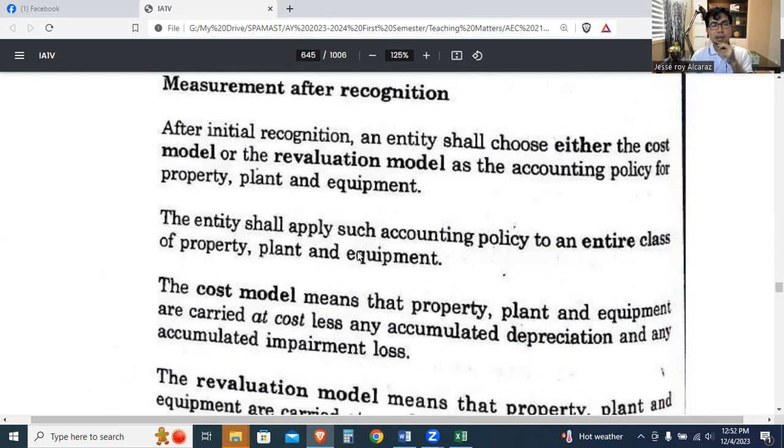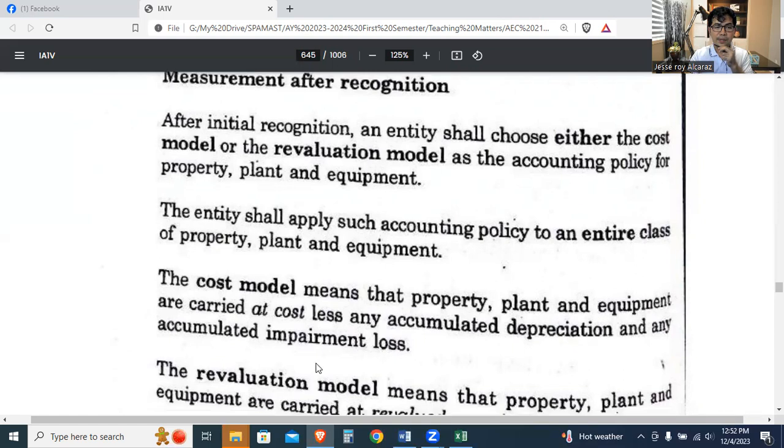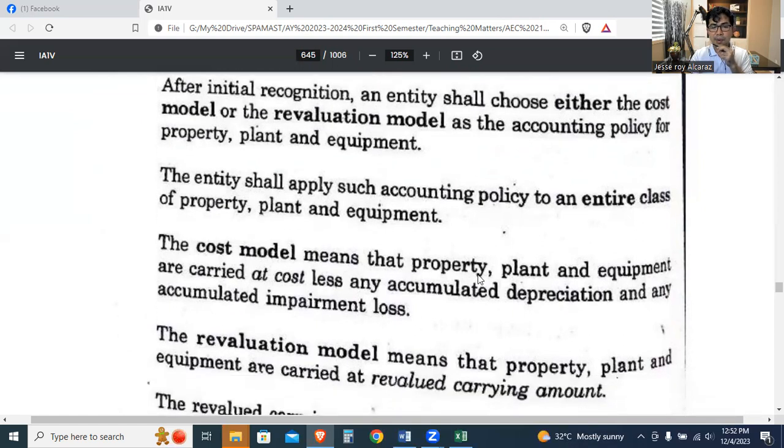You are a little bit more familiar with the cost model, wherein we use the cost of the acquisition. The cost model means that property, plant, and equipment are carried at cost less the accumulated depreciation. So, naa na tay cost based on our purchase price and the other direct attributable cost.